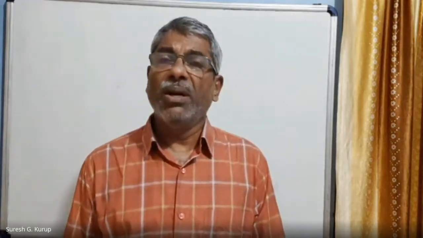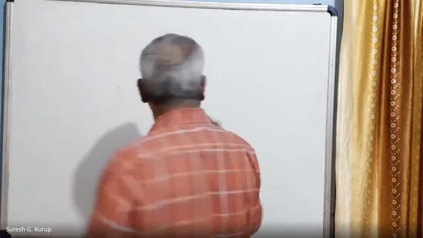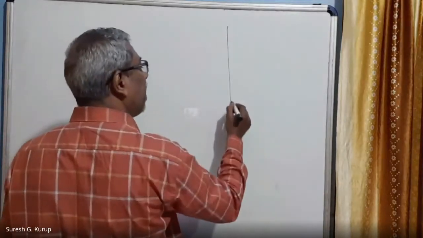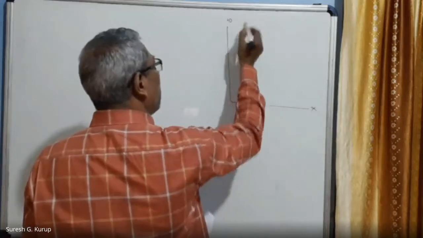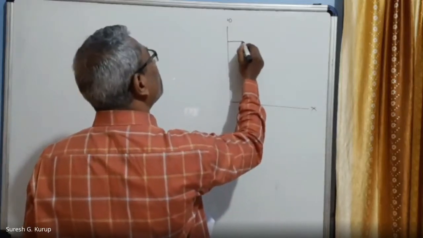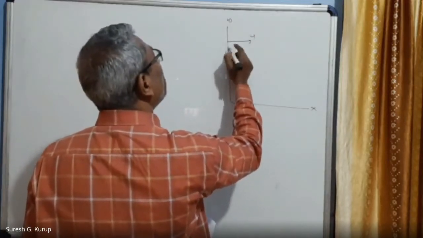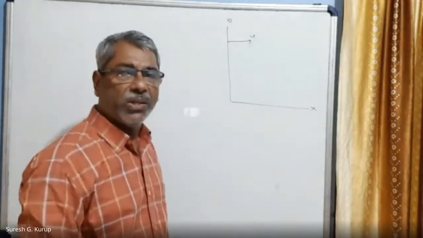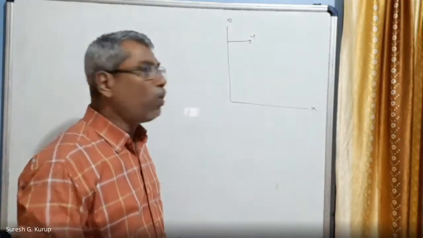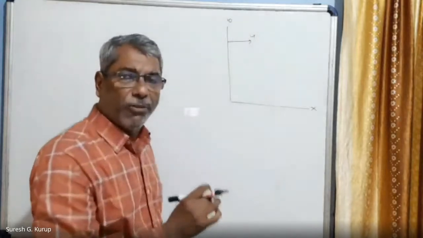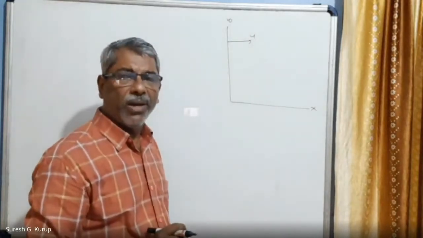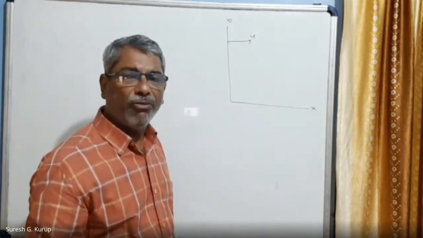A horizontal projectile is one that is thrown from a point at a height above the surface of the earth, just like this one. Suppose this is the y-axis and this is the x-axis, and a body is thrown from this point with a velocity u. The body cannot move along the direction of the velocity because once the body leaves the hands of the person throwing it, it comes under the action of gravity.